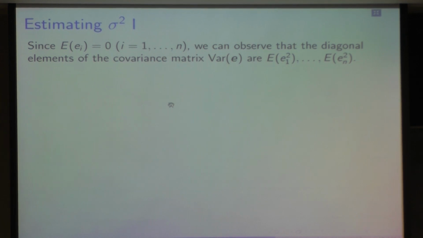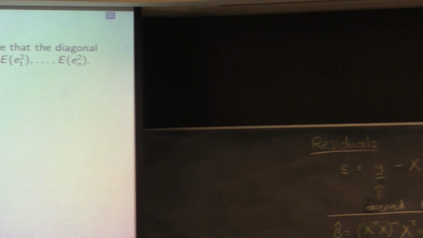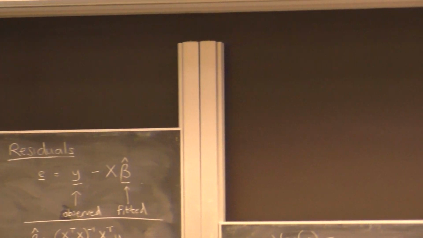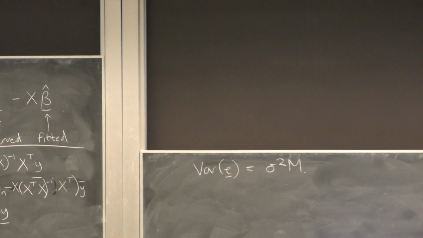Okay, so now we're going to use what the trace is, because it's n minus p, to see how we can estimate the underlying variance, sigma squared, in our model. Okay? So, the covariance matrix of the residual vector E, we saw that was sigma squared times this matrix M that we've been talking about.